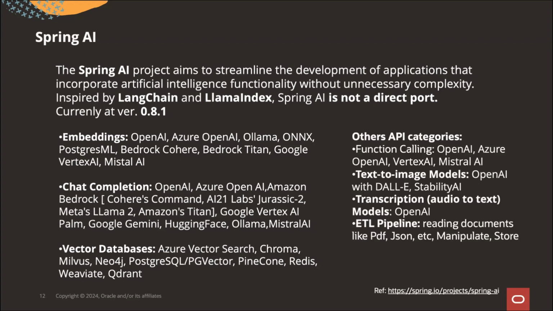And I'll show you how to create on top of this an Oracle database implementation, to which you can provide a connection to plug into a RAG pipeline using Spring AI.